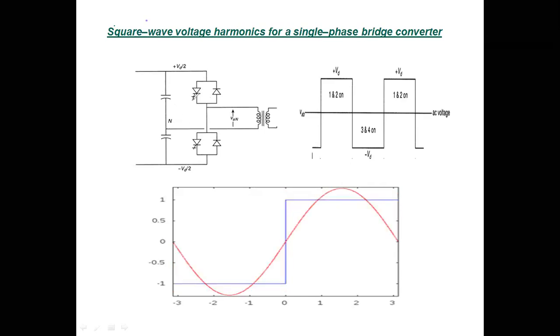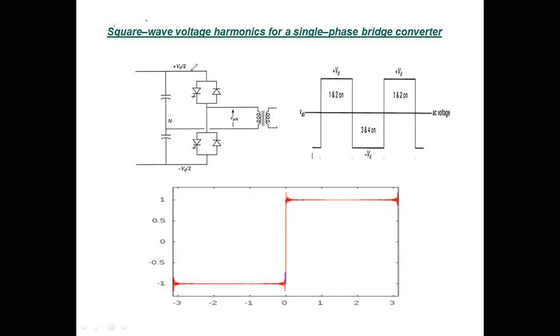Here you can see that the DC side capacitor is divided into two: half of the capacitance in the upper side and half in the bottom.